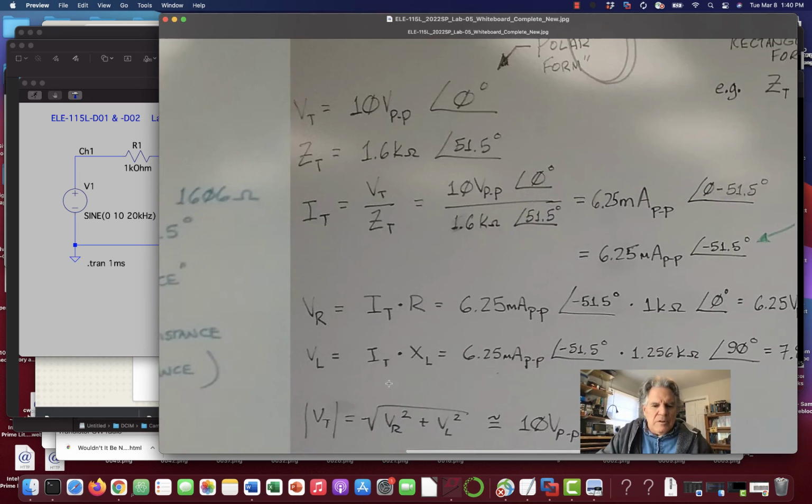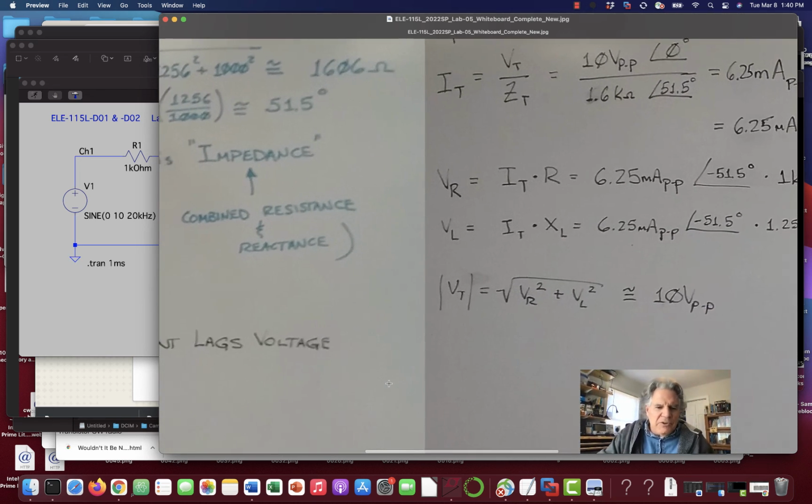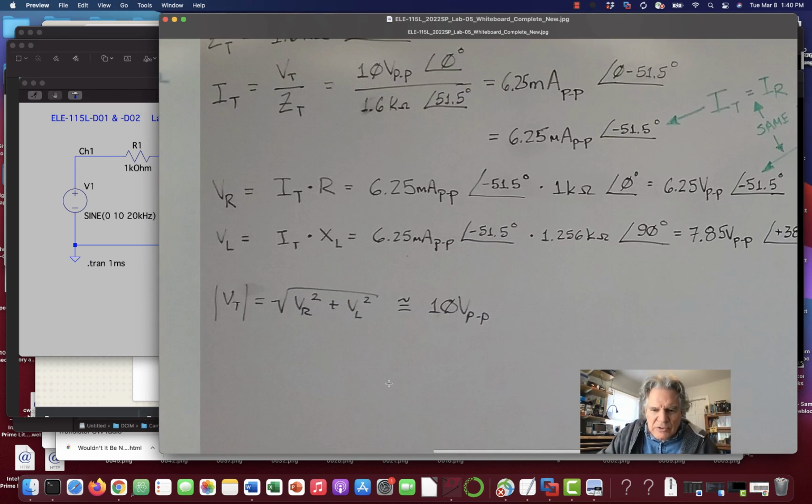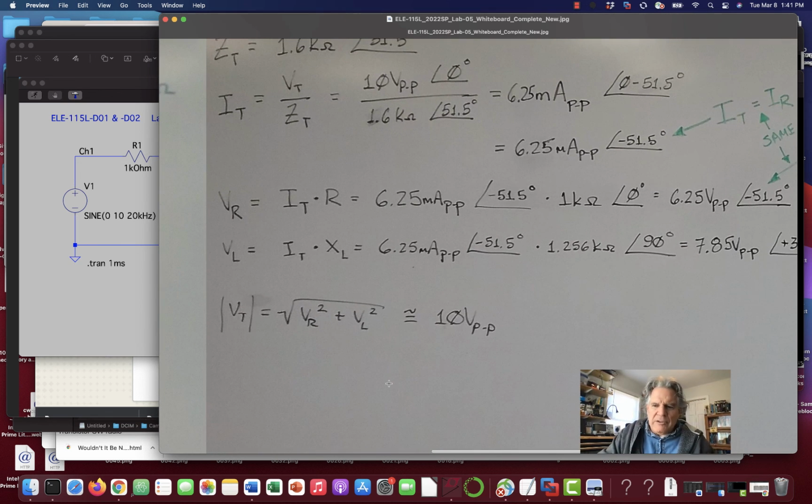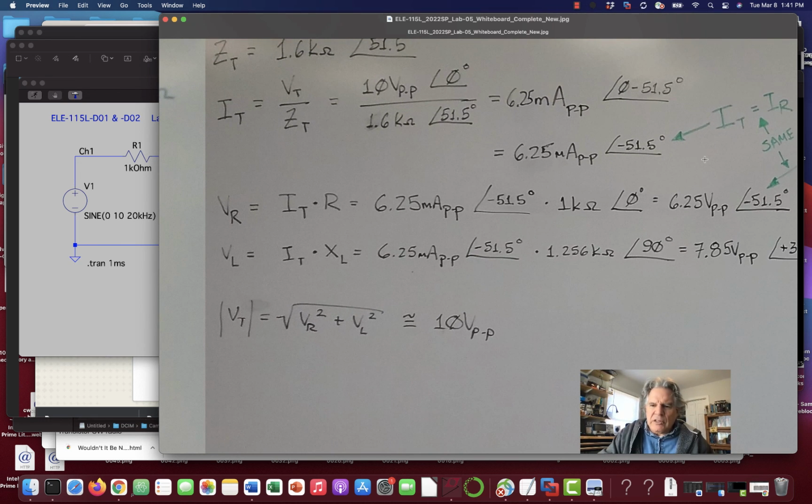Okay, and there's a little check one can do. You could say, if I calculated these things correctly, you could take 6.25 squared plus 7.85 squared, is that equal to 10 squared, the source voltage? And we'll do it right now.